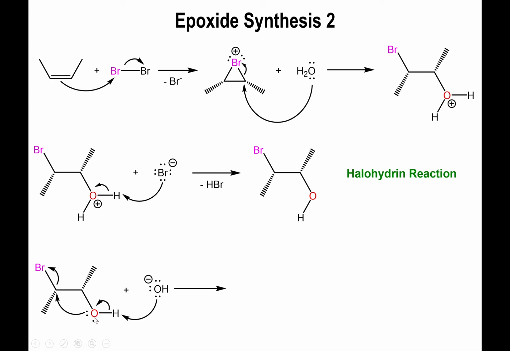The electrons of that alcohol would technically go over to the carbon next door that has that leaving group, and the leaving group will then take off. So in essence, this is technically an E2 reaction that will form an epoxide by removing that leaving group next door to where the carbon-oxygen bond is located after the deprotonation takes place. So this is another way of producing your epoxide rings.